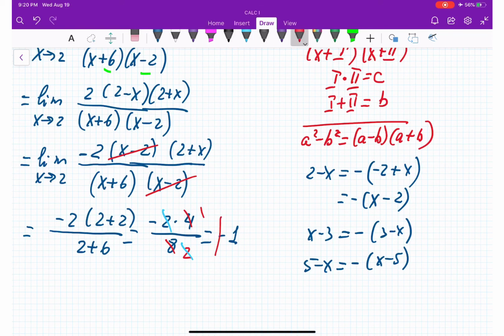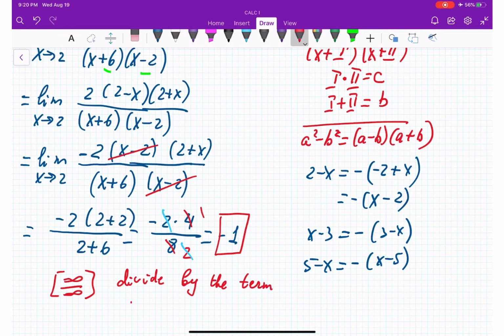Okay, so to summarize, infinity over infinity. If we have the format infinity over infinity, we divide the numerator and the denominator by the term with the highest degree.